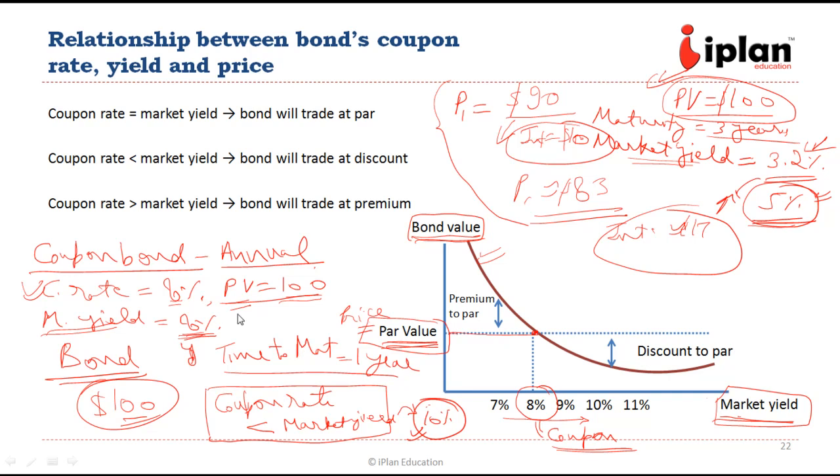So what should be the impact on the price? The price should be lower. Since the coupon rate is less than the market yield, the price will be less than par value. That is what is written here. Coupon rate is less than the market yield, the bond will trade at a discount. So in our example, where the coupon rate was only 8% and market yield was 10%, the bond will trade at a discount. So it will be less than $100. So it should be $95.